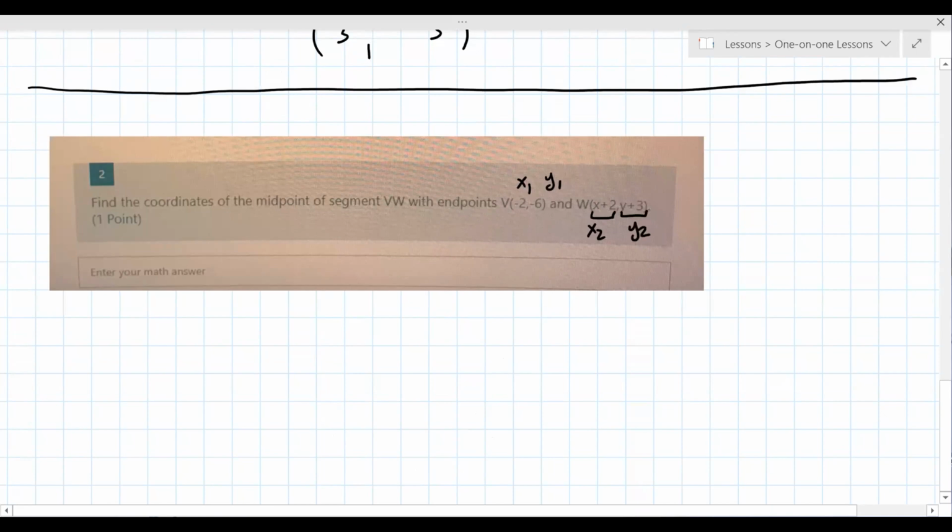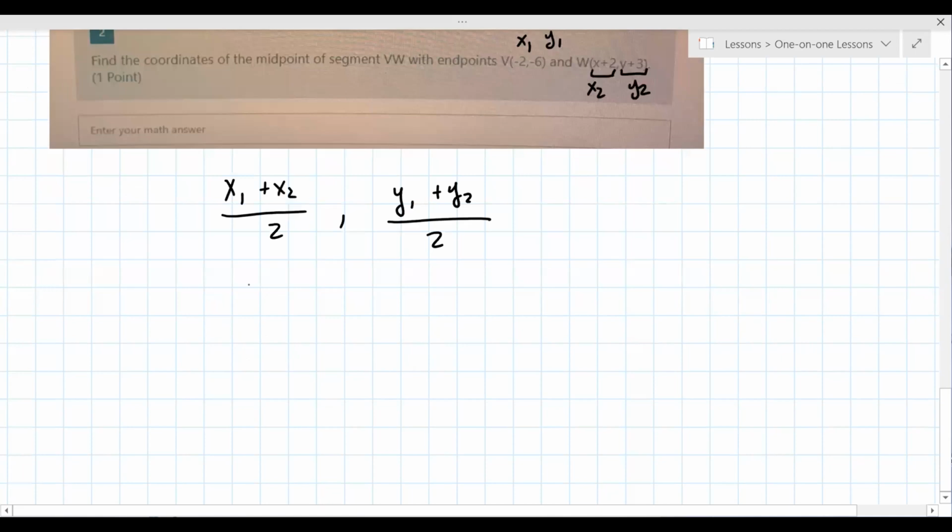You're still going to use the formula for the midpoint, x1 plus x2 over 2, comma, y1 plus y2 over 2. So in this case, you're going to take -2 and add it to x plus 2 all over 2, comma, your y1 is -6, that's this value here, plus y plus 3 over 2.